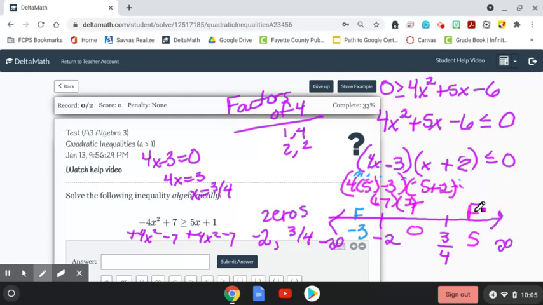I've got a false statement here. So the numbers that make the inequality true are the numbers in the middle interval, everything from -2 to positive 3/4. And because I have this line under the inequality, I'll put brackets around my answer.